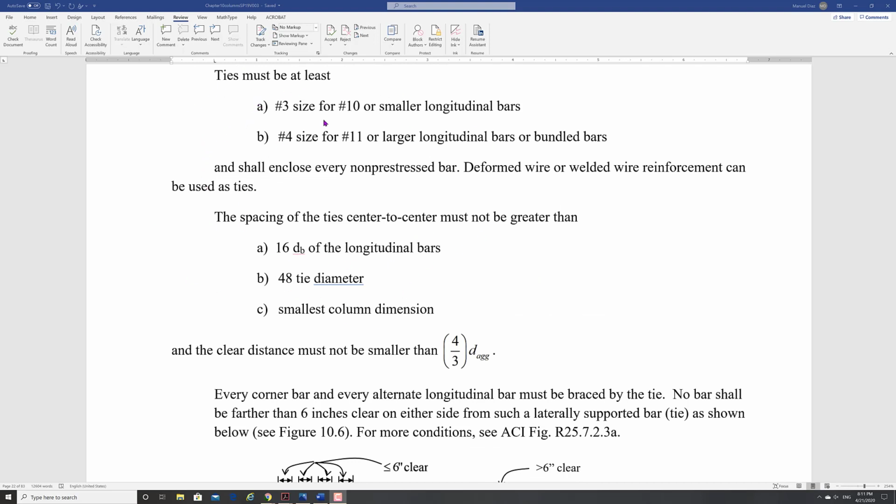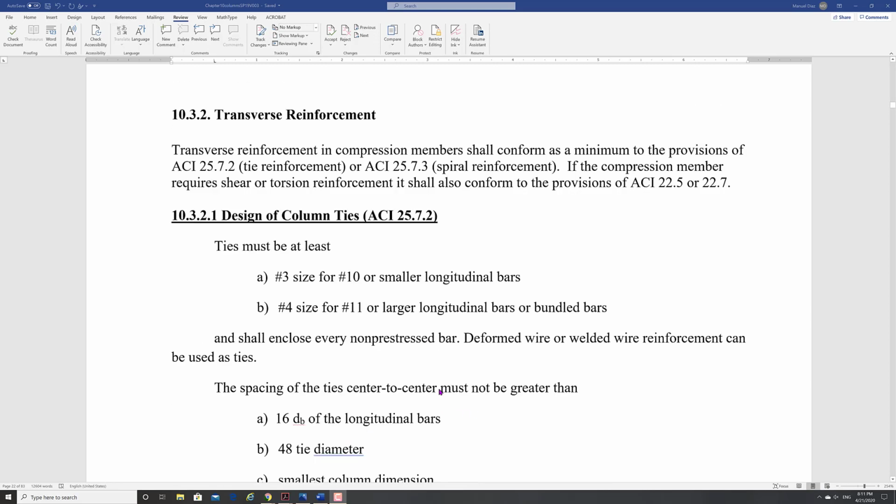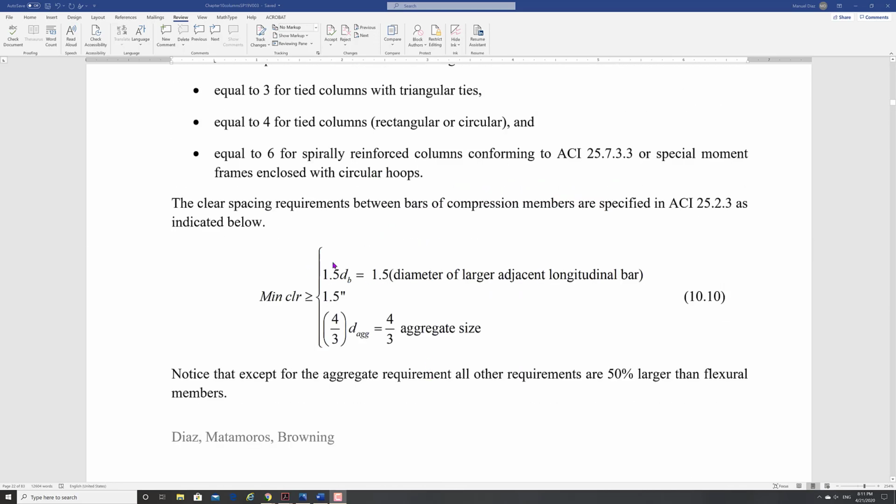And so we have the spacing requirements, and then of course the aggregate requirement here, but that's for the minimum value, okay? Because you need to let your concrete flow through the bars. But it's not just that number. Remember, there are 2 more, right? There is the 1.5 times the diameter of the longitudinal bar, or 1.5 inches.